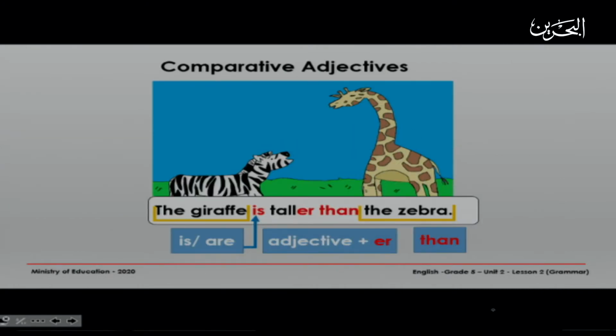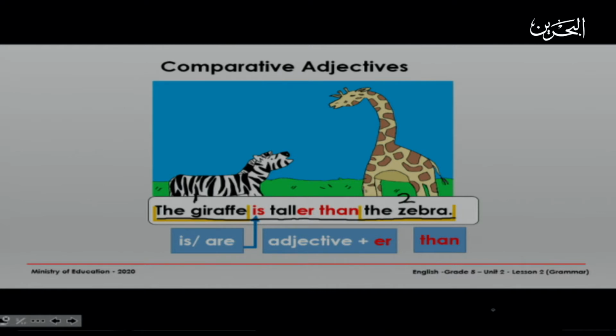We have one more example. Look at the picture. We have a zebra and a giraffe. Now we will compare between these two animals. Look at the sentence. The giraffe is taller than the zebra. So, group number 1 is the giraffe. Group number 2 is the zebra.